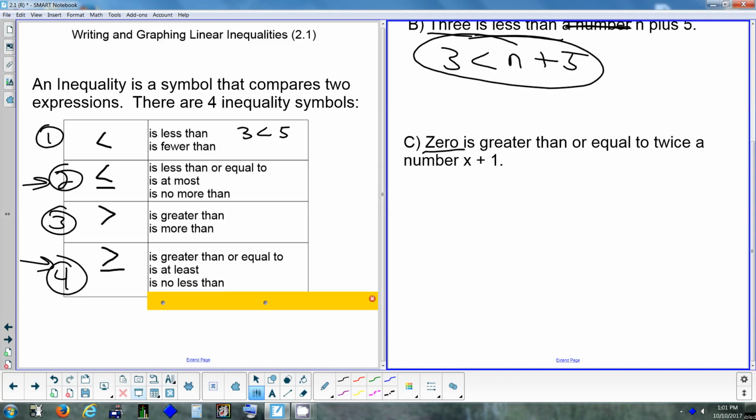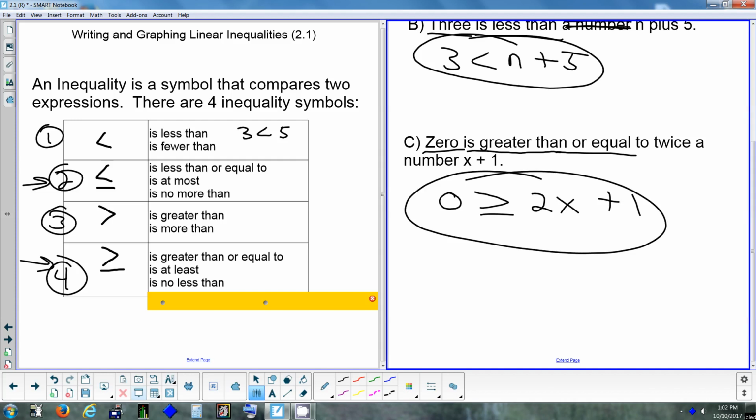Good job. 0 is greater than or equal to twice a number x plus 1. How would you write twice x? 2x. And what goes on the end of it? Plus 1.